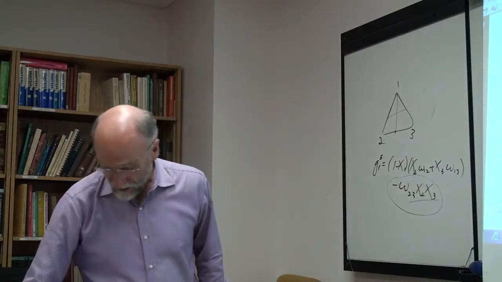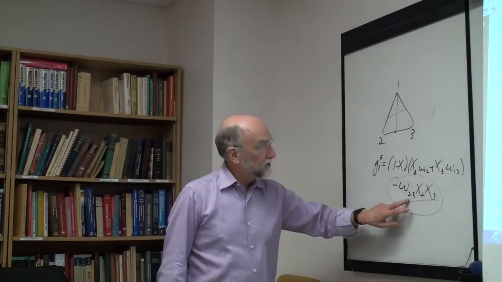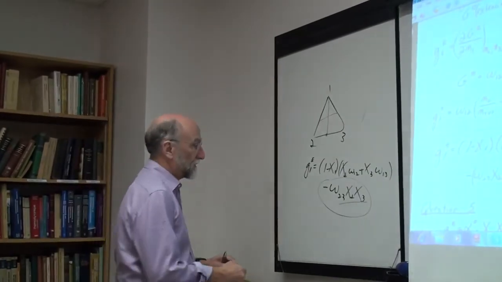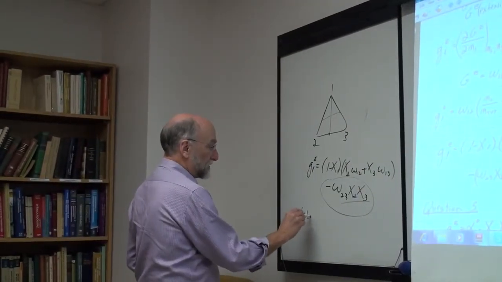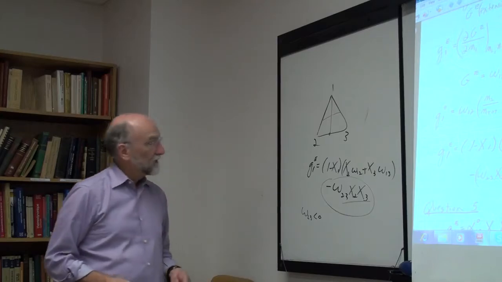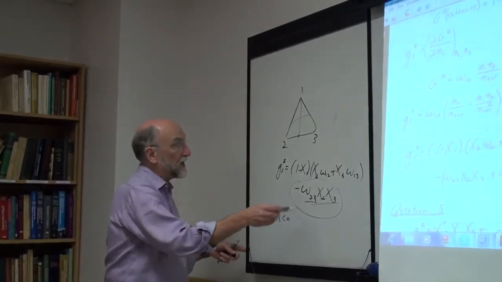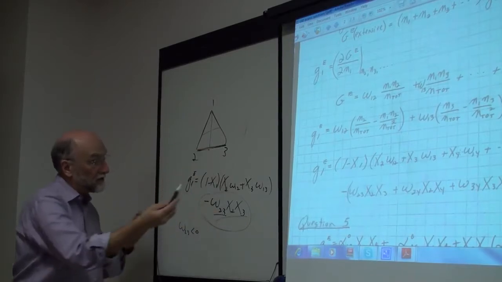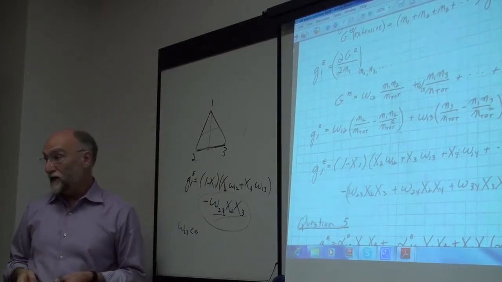So let's suppose that omega 2,3 is negative. Then the 2,3 binary system has negative deviations from ideality in the excess Gibbs energy of mixing.